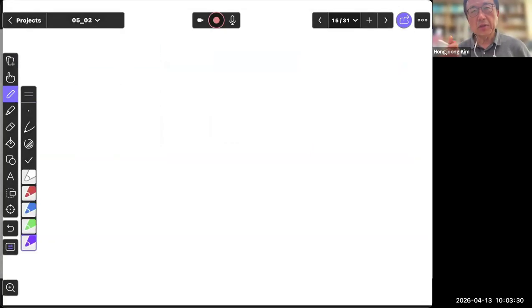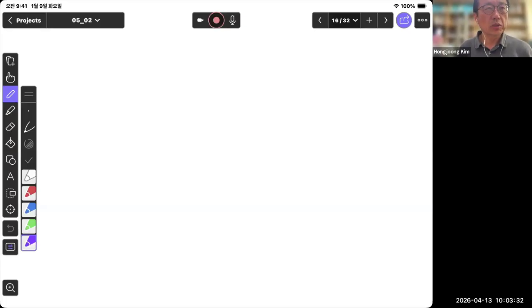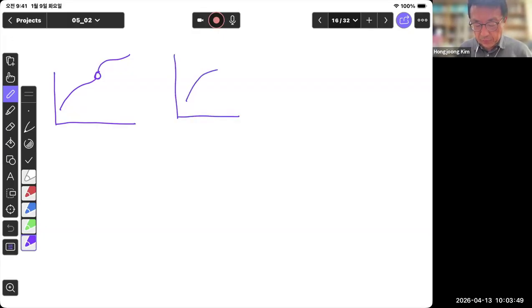Now, what is a removable discontinuity? If your function is continuous except at a certain point and your function is not defined there, or your function is defined at that point but with a situation like this, then we say that the discontinuities are removable.